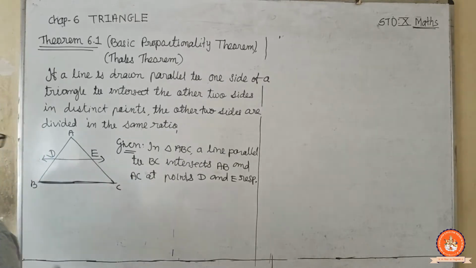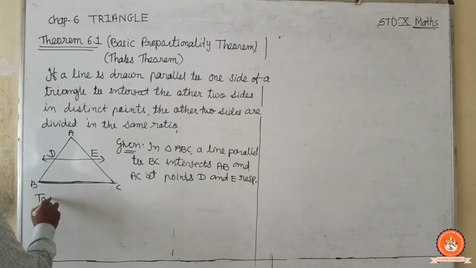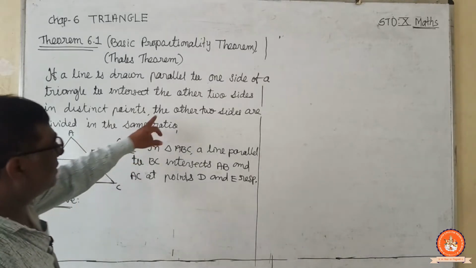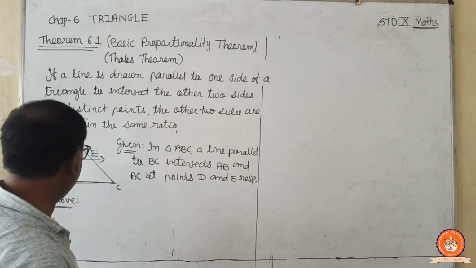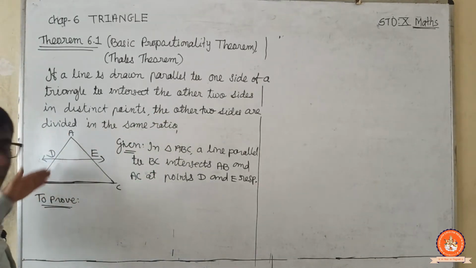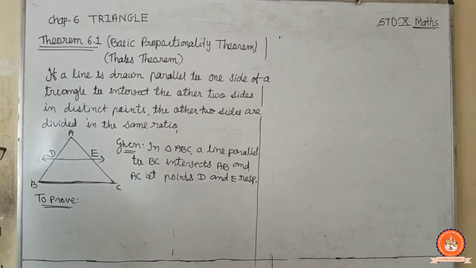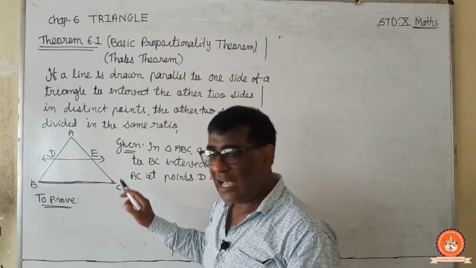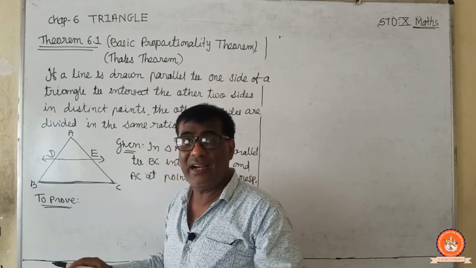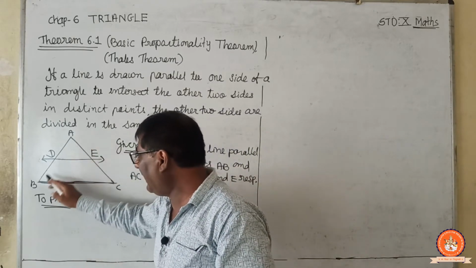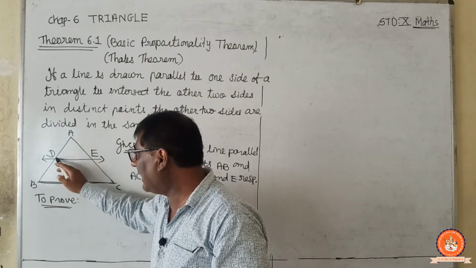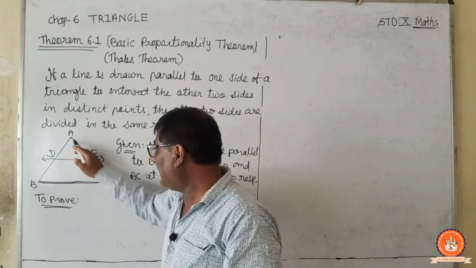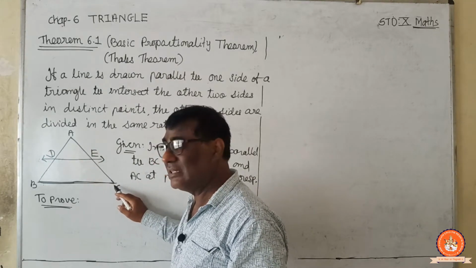Then we want to prove that the other two sides are divided in the same ratio. The other two sides are AB and AC, and we want to prove that they are divided in the same ratio. AB is divided into two line segments AD and DB, and AC is divided into two line segments AE and EC.